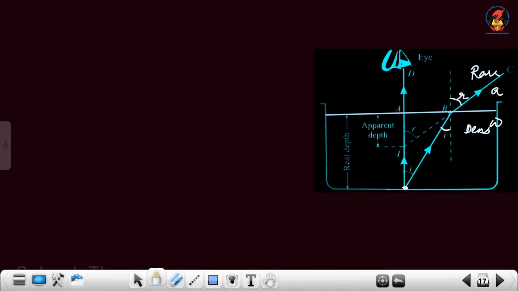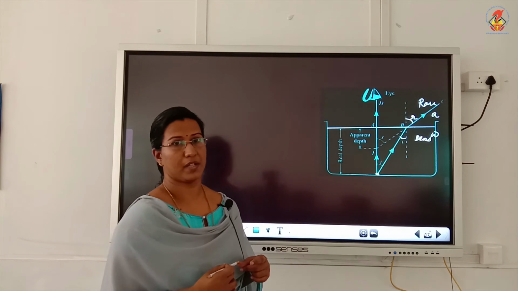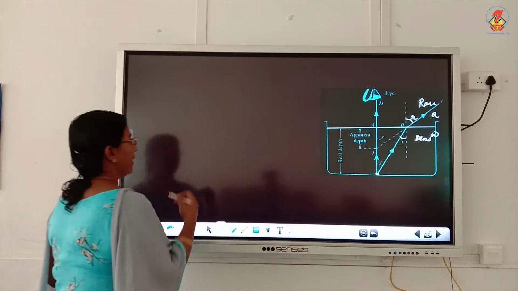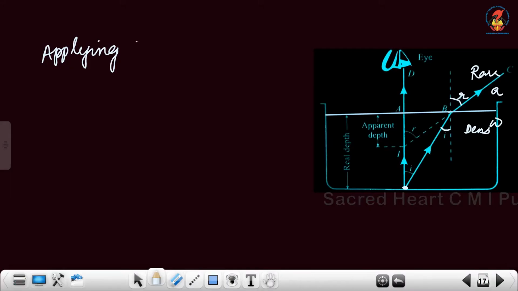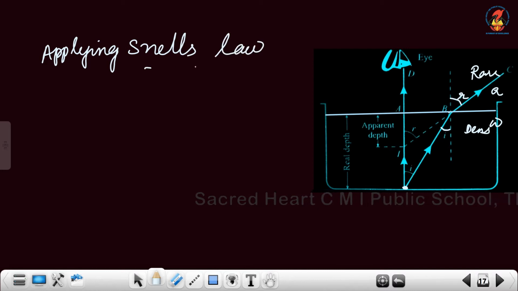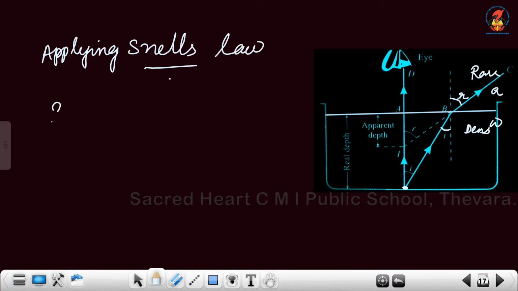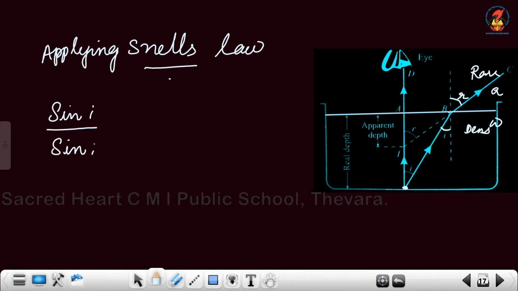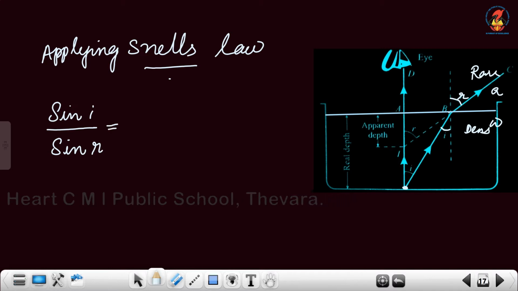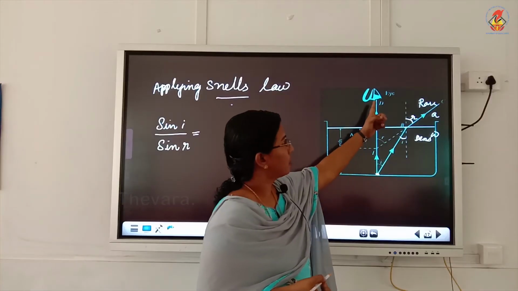Now we are going to apply Snell's law and find out the relation between real depth, apparent depth and refractive index of the medium. So applying Snell's law, we write sin i by sin r is equal to, in this case we are taking the light rays traveling from the denser medium to the rarer medium.